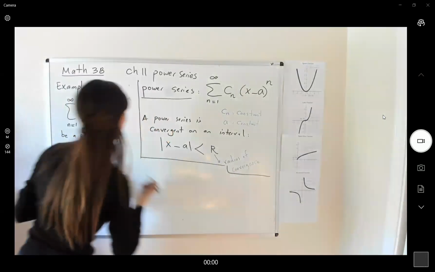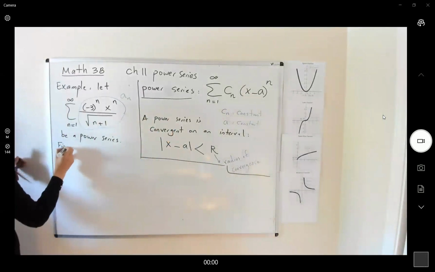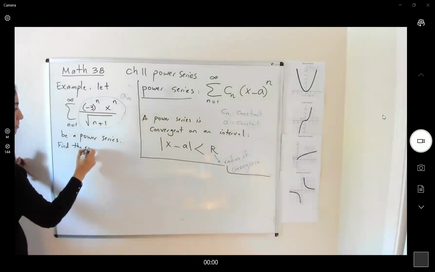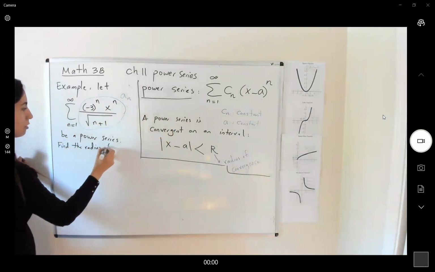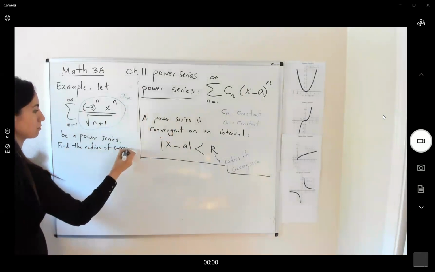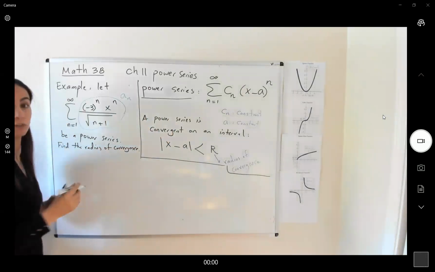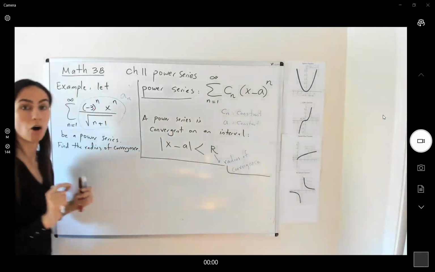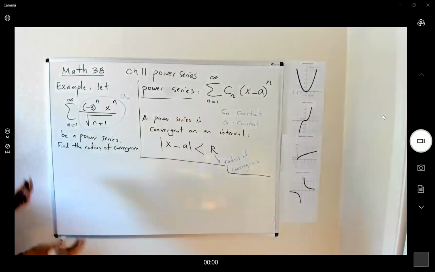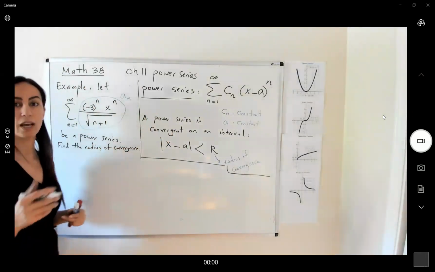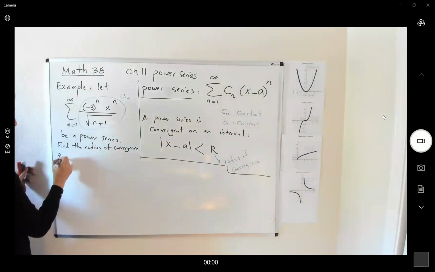So as usual, the question says find the radius of convergence. What are we looking for? We're looking for R.